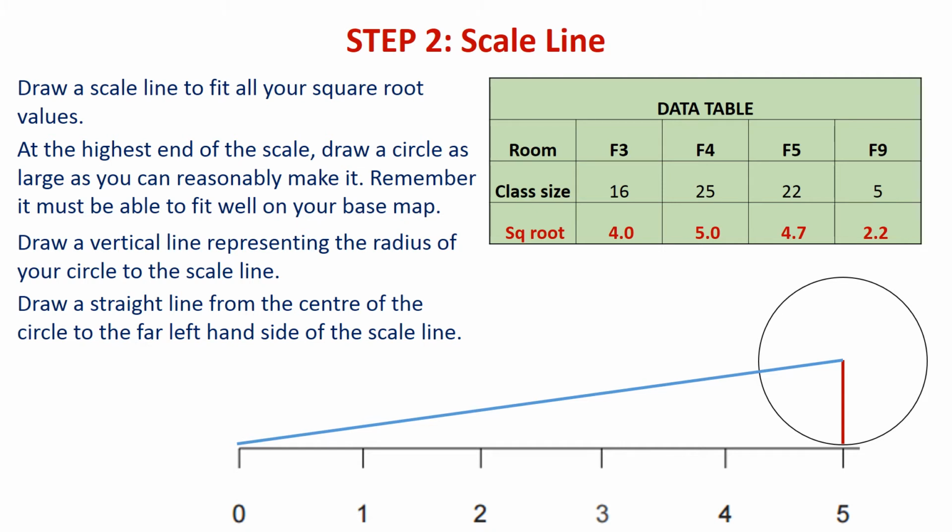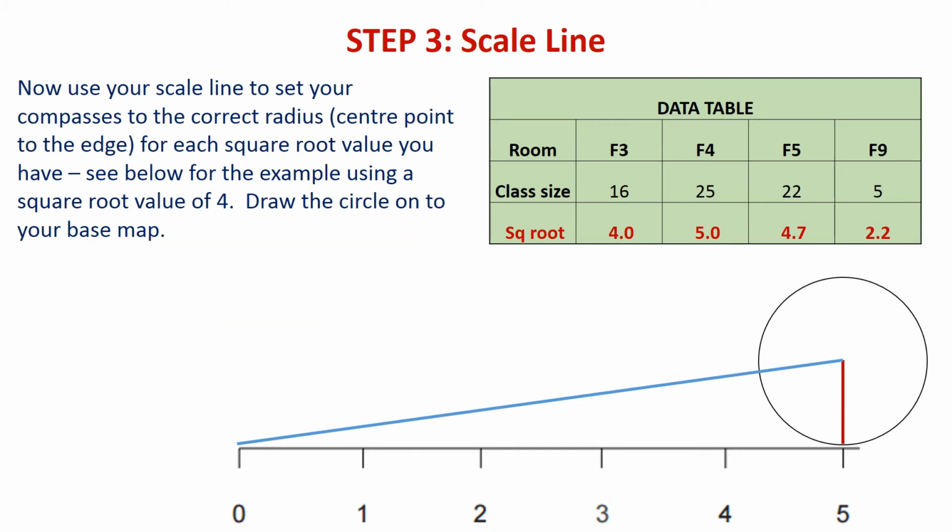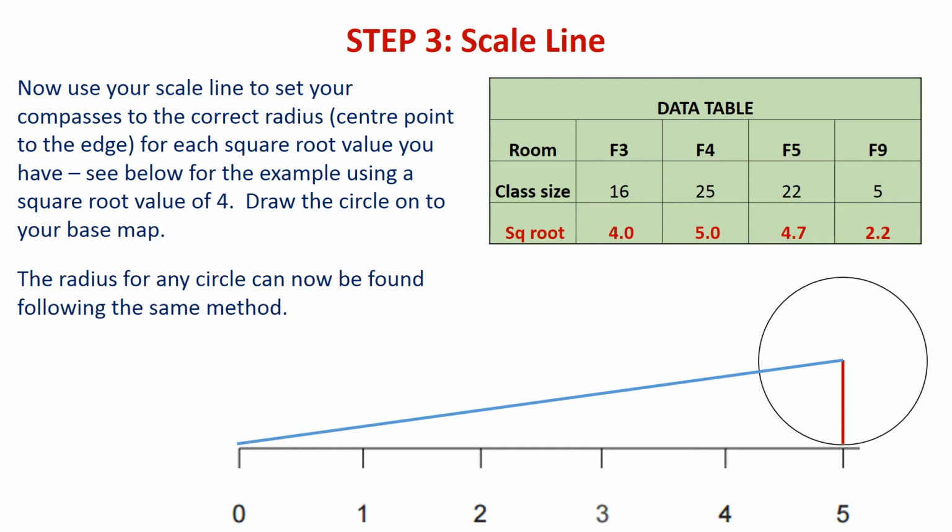Let's have a look at step 3. We're going to look at an example below of our first piece of data, which is a class of 16, square root value of 4. So we need to find what radius is necessary to represent 16 people.